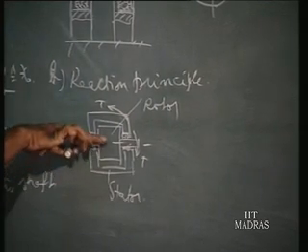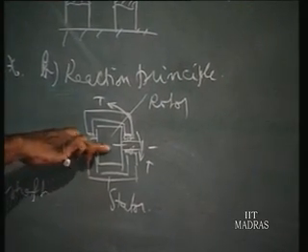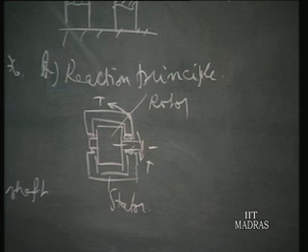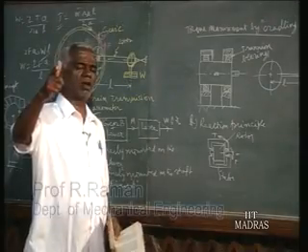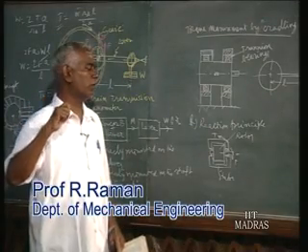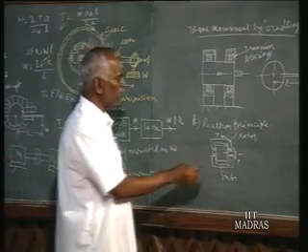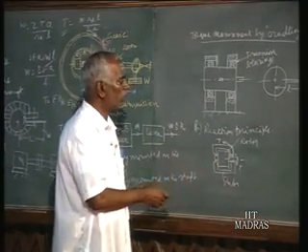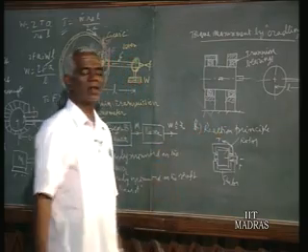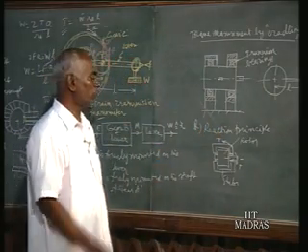That is, when torque T is developed in the rotor, the stator will realize the same torque, but in opposite direction. It is similar to when we use a gun, when the bullet moves forward, the reaction is felt on our shoulder. That is, the reaction is backwards when the bullet moves forwards. Similarly, here also when the torque is developed in the rotor, the stator realizes an opposite torque of equal magnitude.